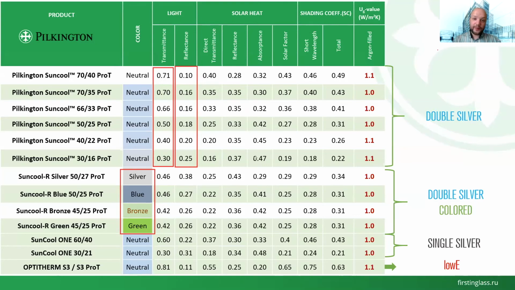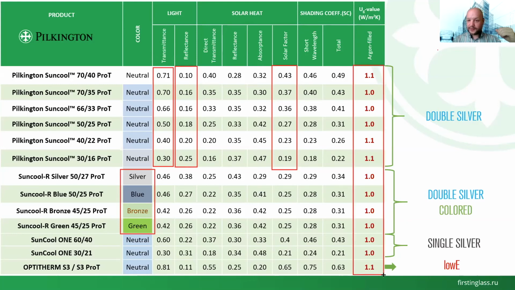In case you want different. But what is the combination? It is all combined with the very low solar factor and a very good U value for all of the soft coated glass that we produce. That means for a standard double IG unit, you don't need to put any extra coated glass in order to achieve the best U value.